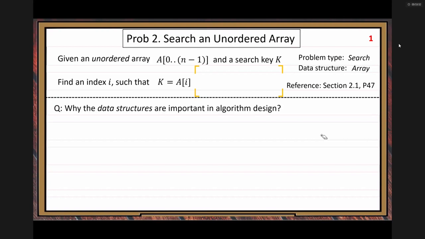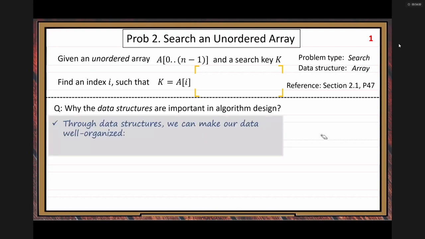Question: why are data structures important in algorithm design? The basic point here is, through data structures, we can make our data well organized. Let's recall our first lecture, part A, when we worked on the chessboard question.